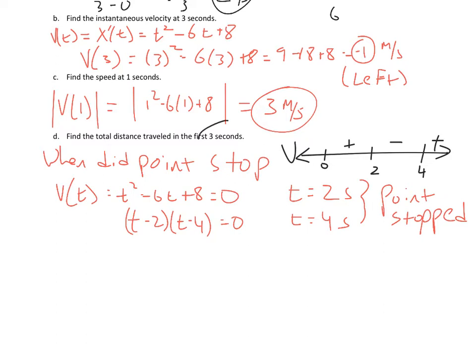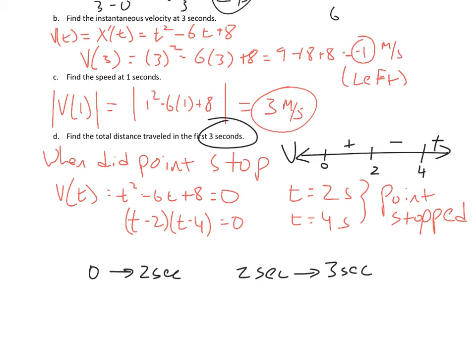So we want to know how far it went for the first 3 seconds. In order to do that, we've got to break it up from 0 to 2 seconds, figure out how far that went, and then from 2 seconds to 3 seconds. Sorry, 3 seconds.